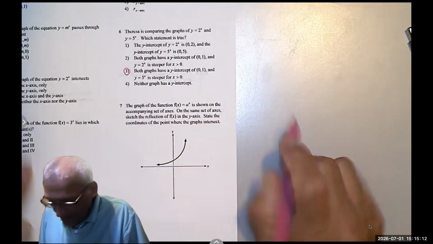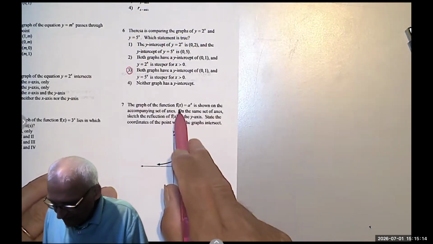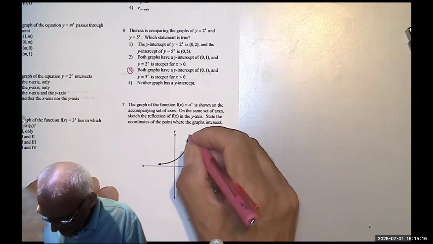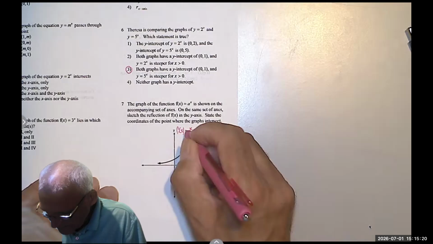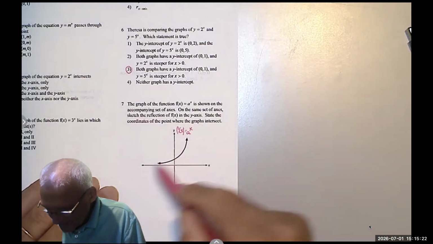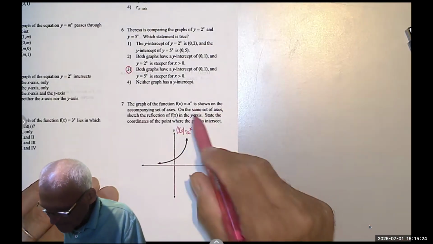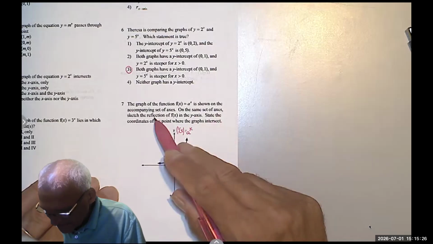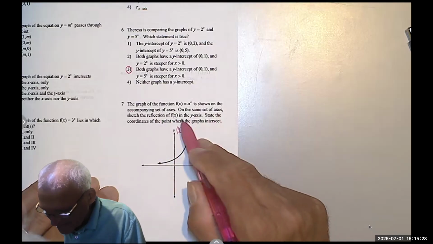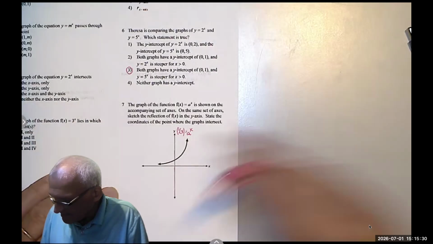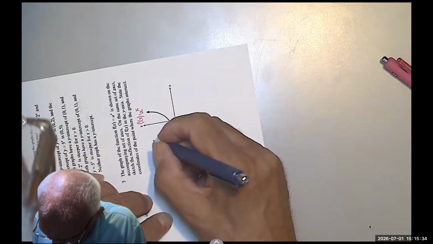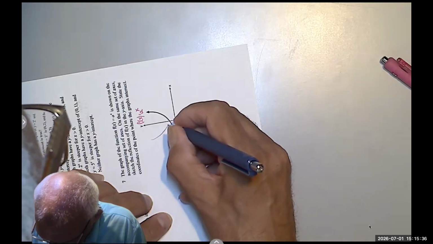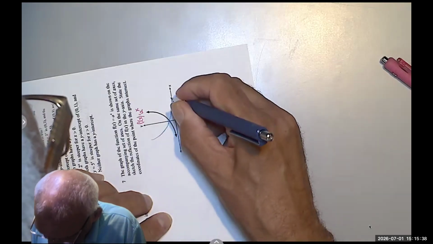The graph of the function f of x equals a to the x is shown on the accompanying set of axes. On the same set of axes, sketch the reflection of f of x in the y-axis. That's exactly what we were saying. It's going to be something that looks like that.